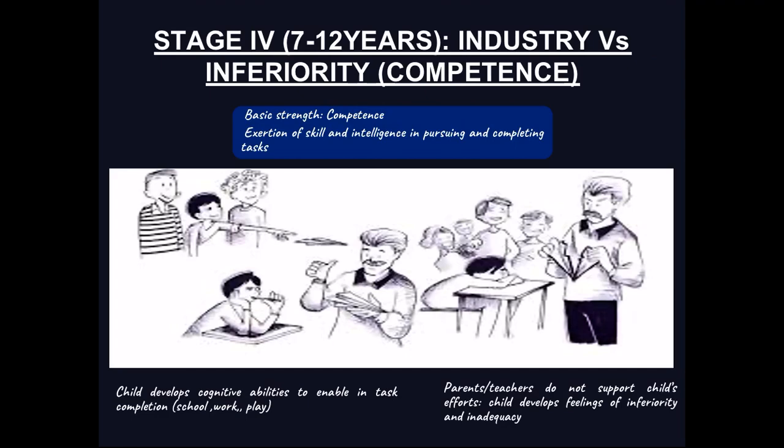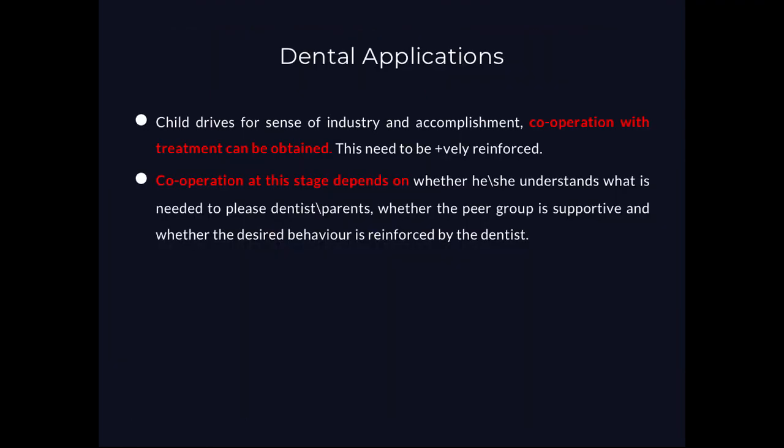The next is stage 4, which is industry versus inferiority, that is 7 to 12 years. And the basic strength is competence. Now the child develops cognitive abilities to enable task completion. That is, the child is indulging in play, work, school, making new friends, playing different sports. So if the parents or the teachers do not support the child's efforts, the child develops feelings of inferiority and inadequacy.